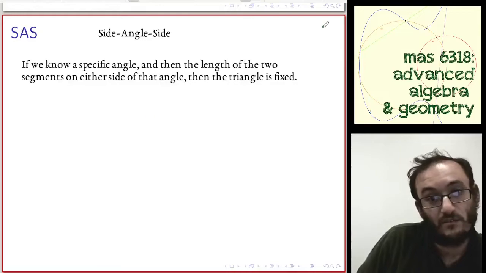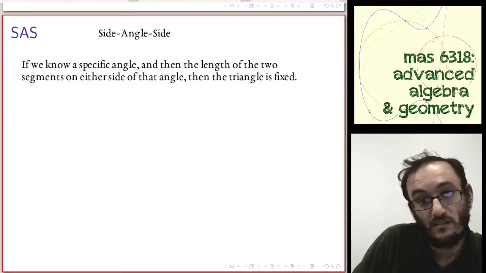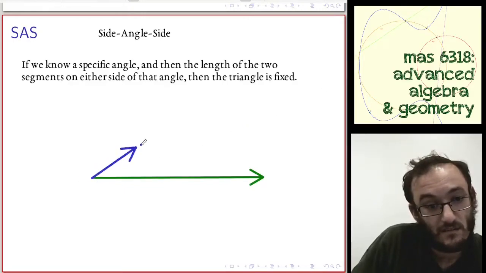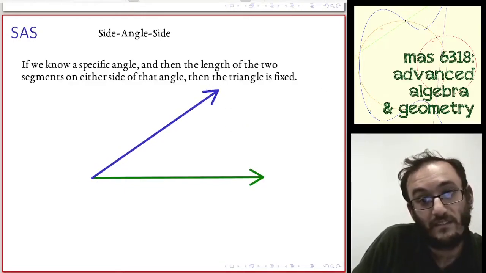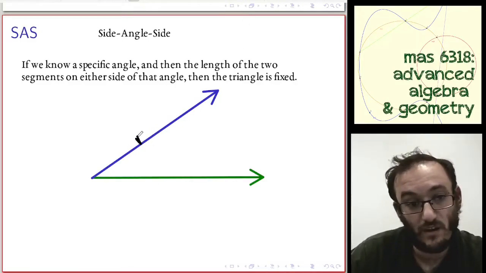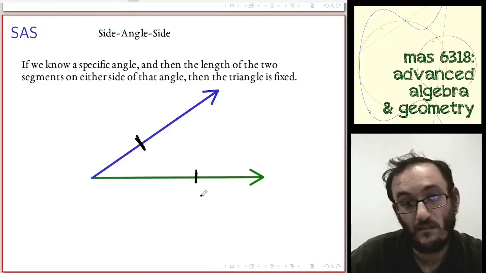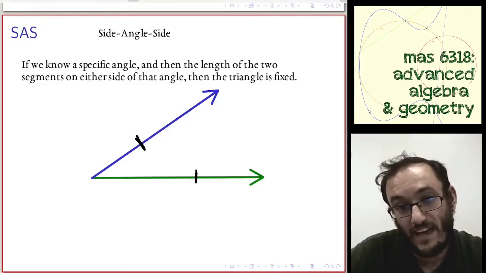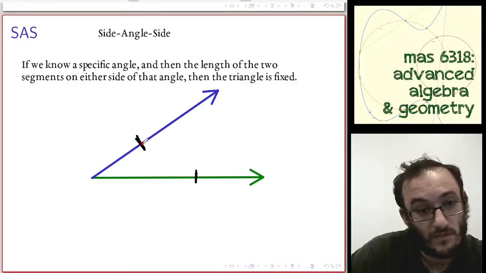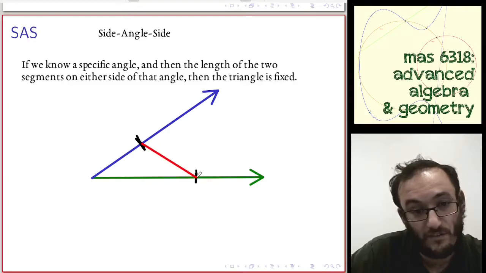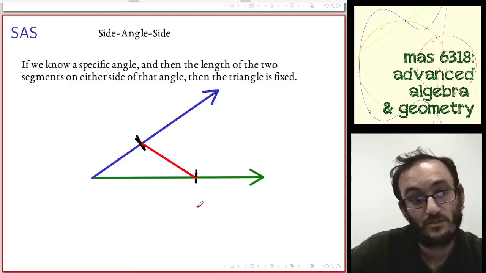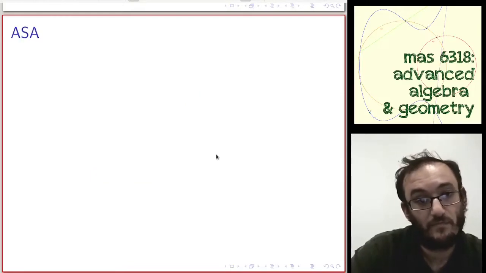If you know the angle, you can just draw that, and it'll be something like this and this. Knowing the length tells you where to cut this line, and then that tells you where the remaining edge has to be, just at the end of the blue line meeting up with the end of the green line. That determines your triangle.